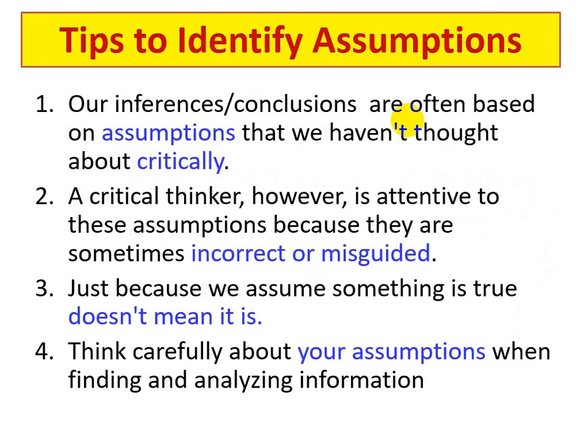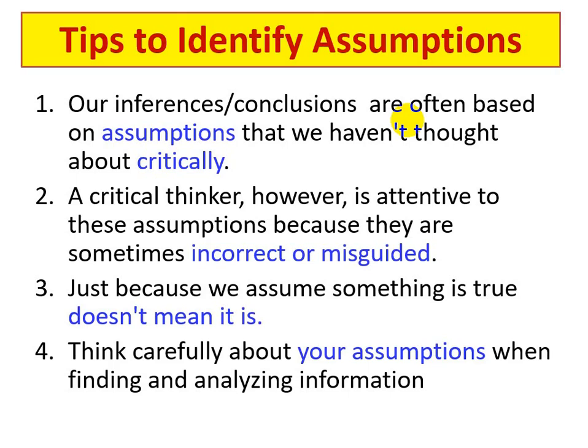So we have in this context some tips and pieces of advice to identify assumptions. First of all, our inferences or conclusions are often based on assumptions that we haven't thought about critically. So the advice is we have to think about our assumptions critically before adopting them as premises for inferences or for conclusions. The second tip is a critical thinker, however, is attentive to these assumptions because they may be incorrect or misguided.